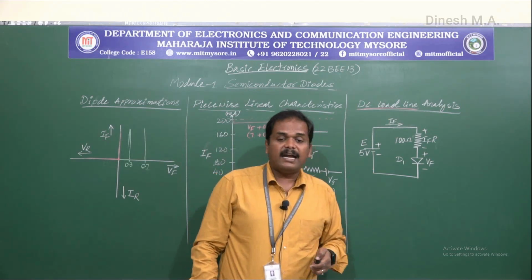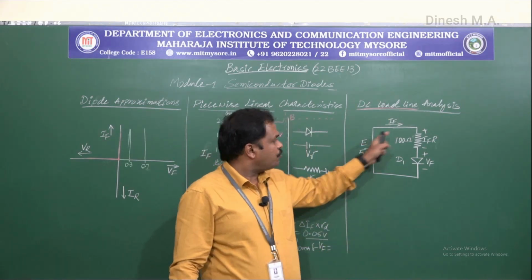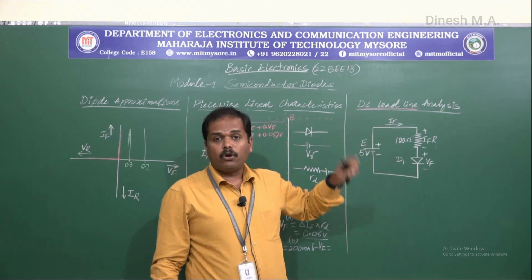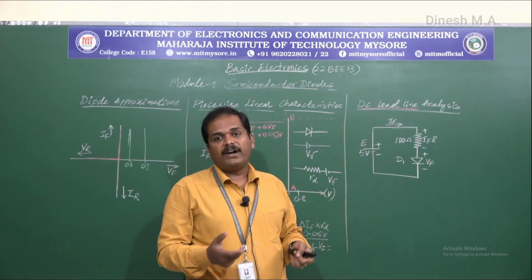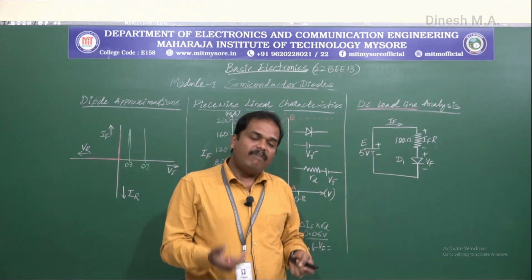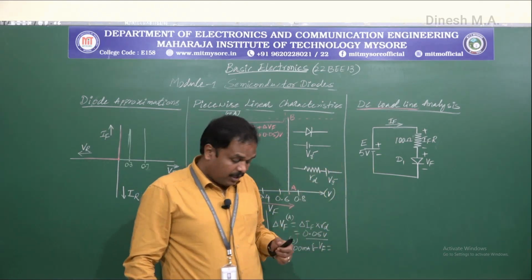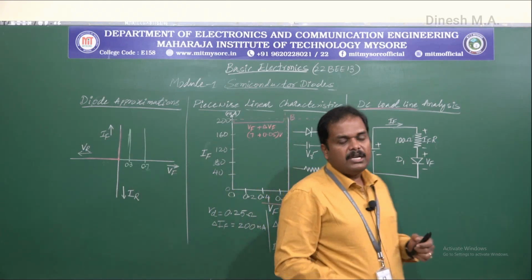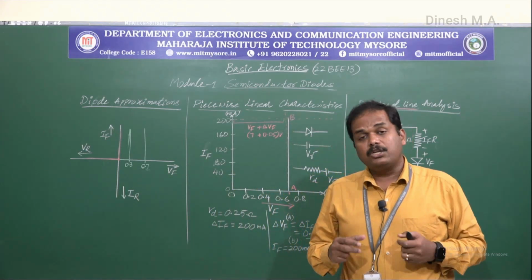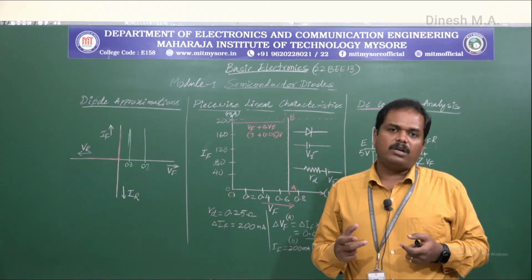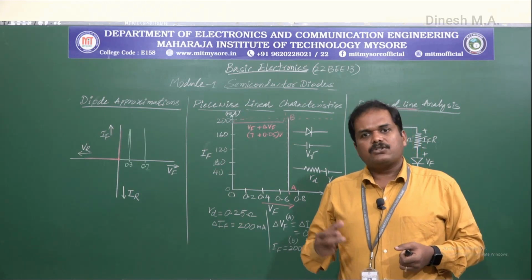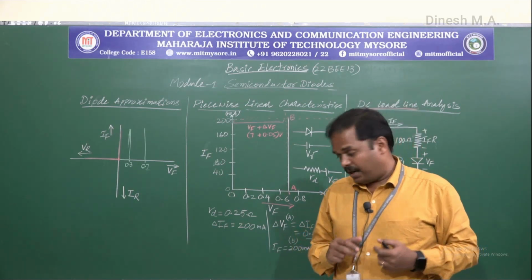So now let us understand, by considering these values in the circuit, how to draw the DC load line and how to find out the DC values associated with this particular circuit. Now in order to do this, we'll use Kirchhoff's voltage law and find out some parameters so that we can draw the DC load line.